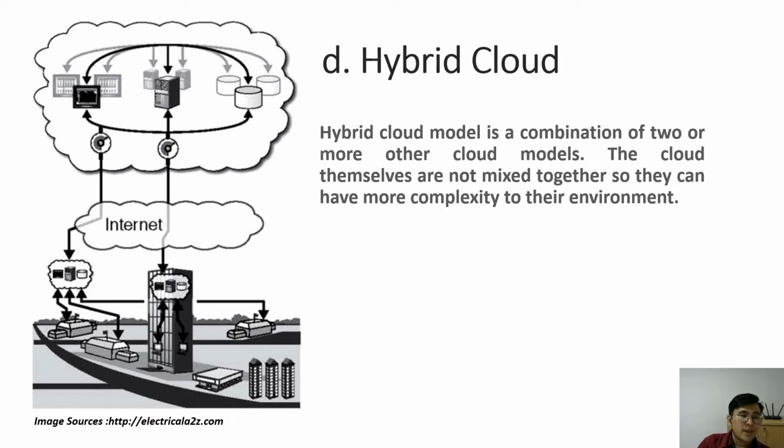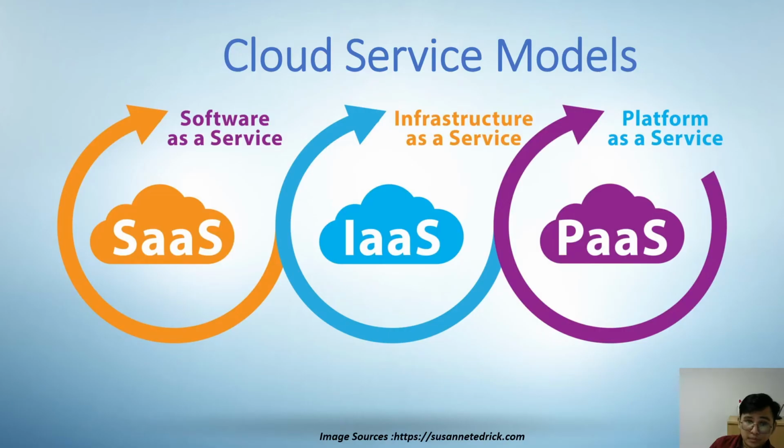We also have some examples, not by the definition of the component of the cloud, but in terms of the definition of the general service model. We have what we call SaaS, IaaS, or PaaS, which stands for software, infrastructure, platform as a service.